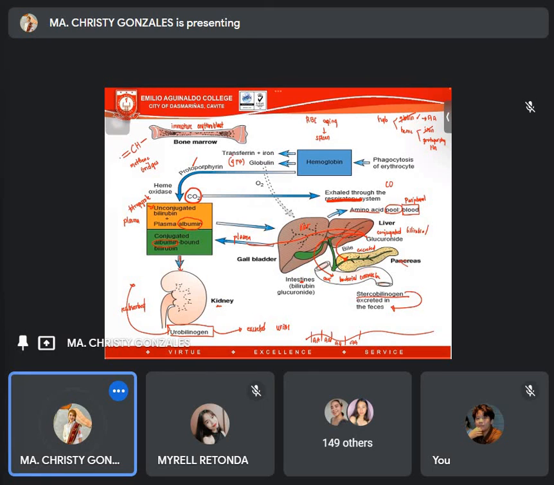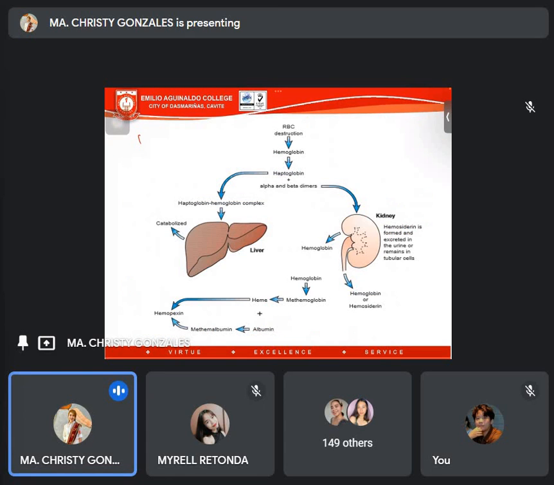Okay? So next is intravascular. For intravascular, we don't have phagocytes because this is occurring in the plasma. This is intravascular hemolysis, not by the aid of your spleen.